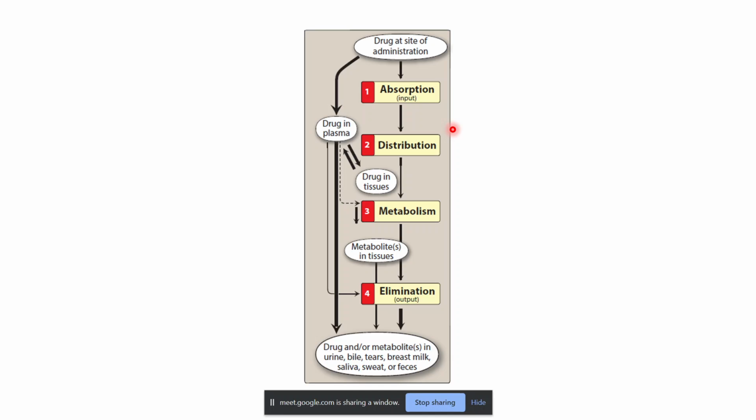And then after the metabolism, the fourth and last step is elimination. Elimination is usually by the kidneys through urine, and by the liver to bile or feces.